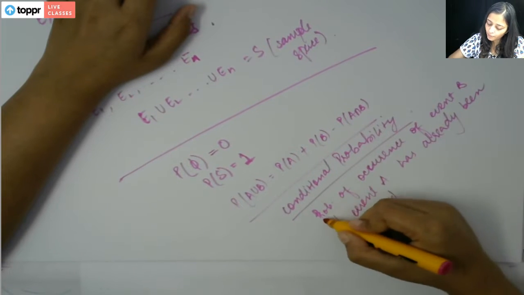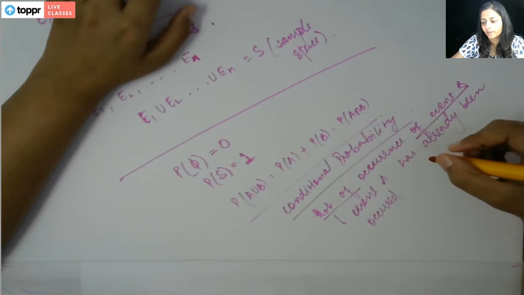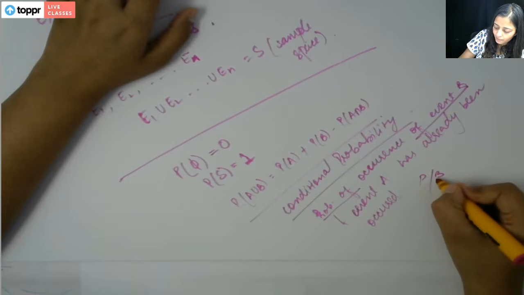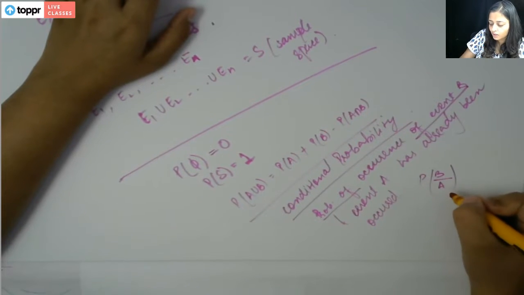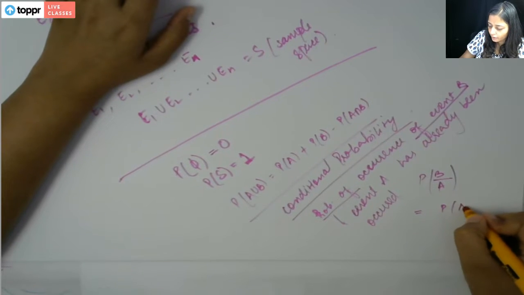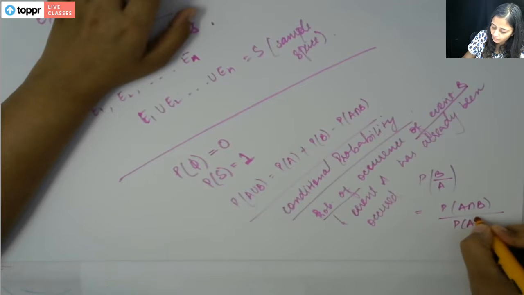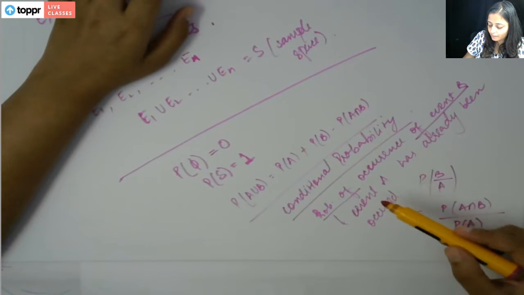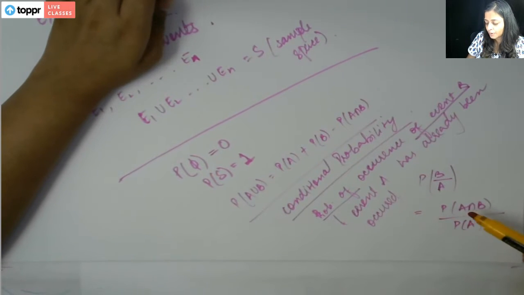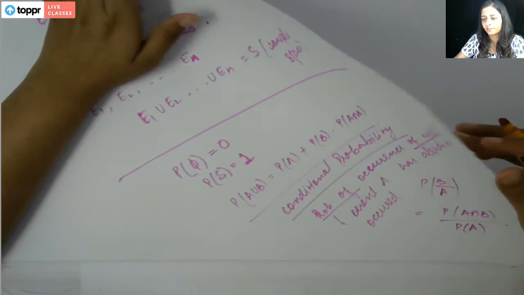So we have to find the probability of occurrence of event B, and we are given that event A has already occurred. In that case we write it as the probability of B given that A has already occurred. And what is the formula for this? It is equal to the probability of A intersection B divided by the probability of A.